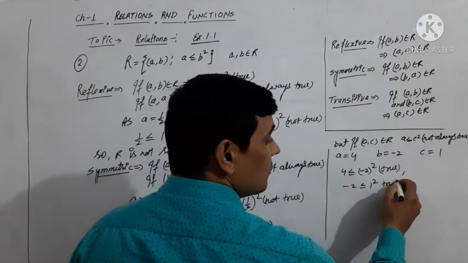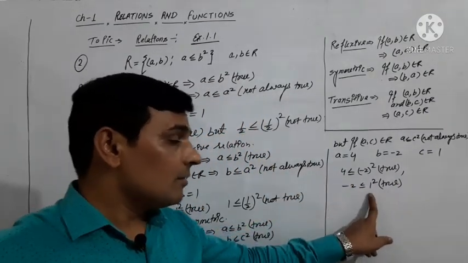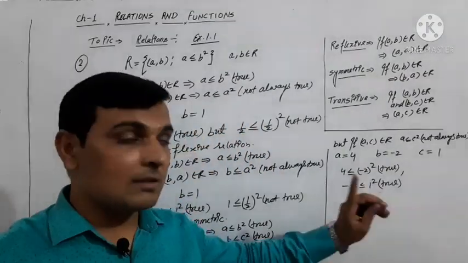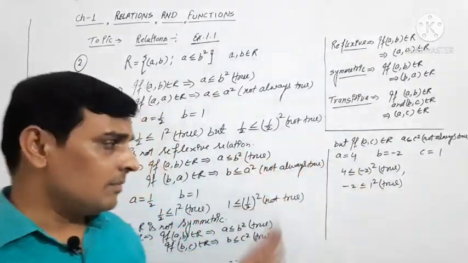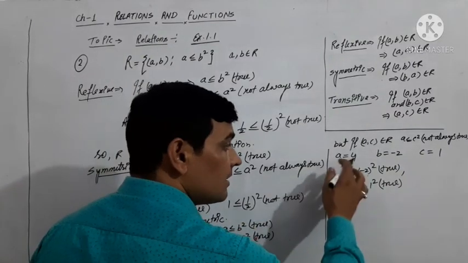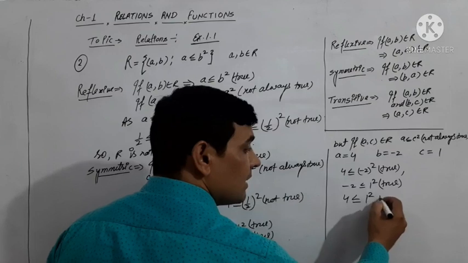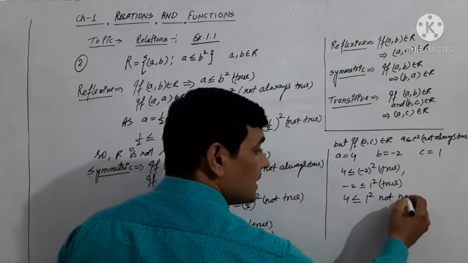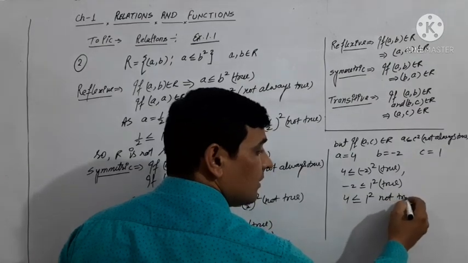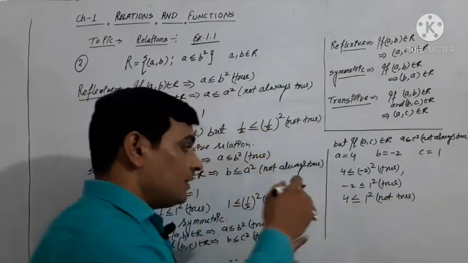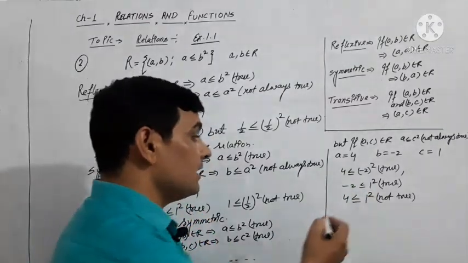This is also true, as every negative number is less than every positive number. Now the third condition, a comma c belongs to R: 4 less than or equal to 1 squared. This is not true, as 4 is not less than or equal to 1. 4 is greater than 1. So this condition is not true.